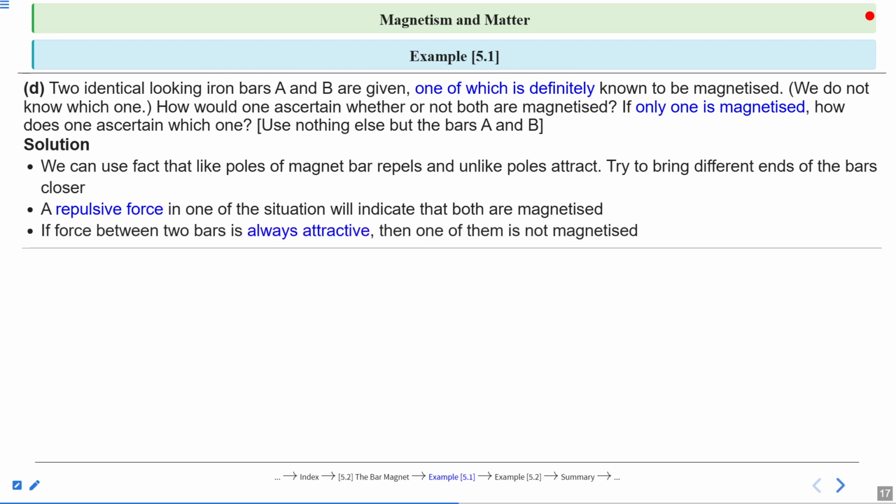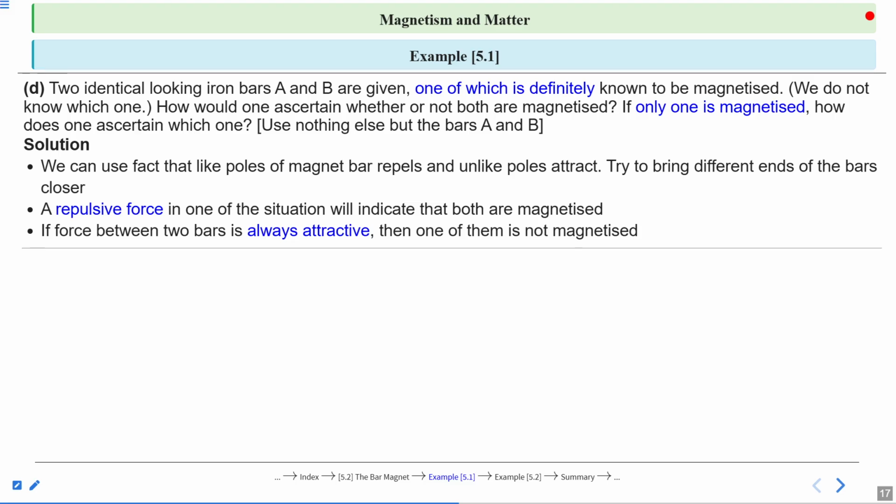Unmagnetized means a simple iron bar with no magnetic properties. If the force between the two bars is always attractive, then one is a magnet and the other is only an iron bar with no magnetization. The magnet will attract the iron bar only, it cannot repel it.